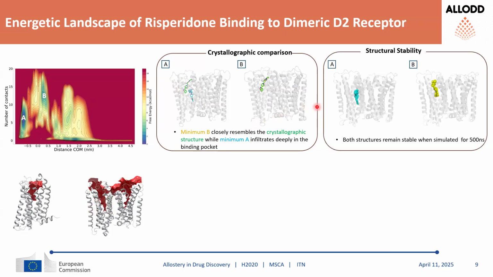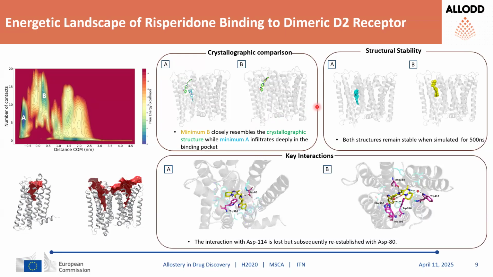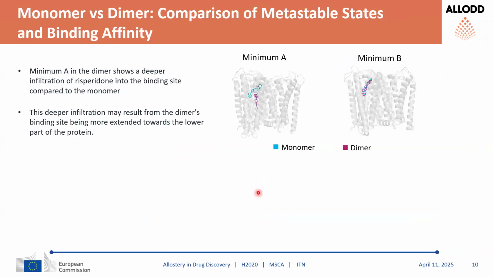Also in this case, we verified the structural stability of the poses, and in terms of interaction, what we saw is that the interactions now change. One of them is still kept in place by this interaction with aspartate 114, but the other is with aspartate 18.